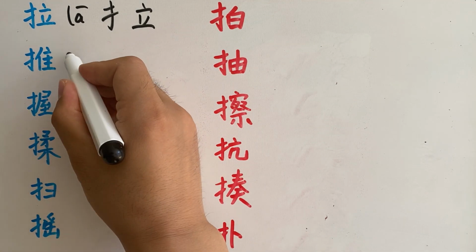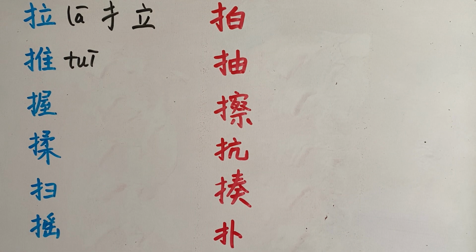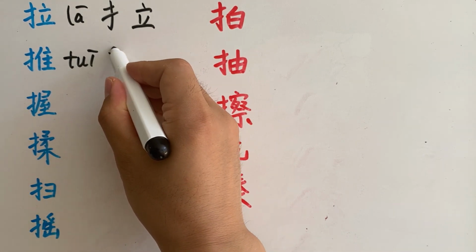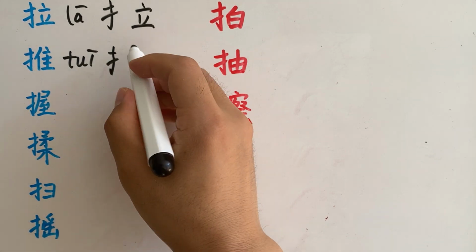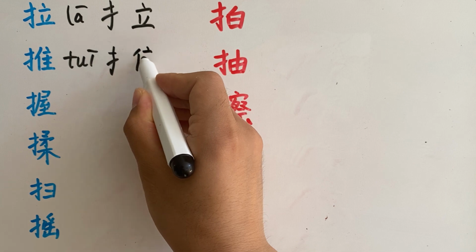And next one is to push. 推 Chinese 拼音 推, Twitter, right? Twitter 推, to push. So this one is written like this, left part, the right part.